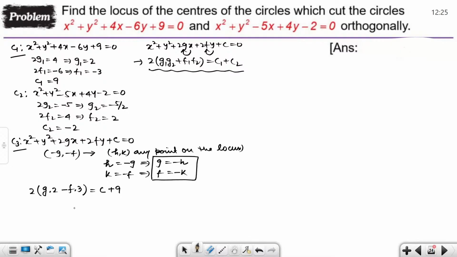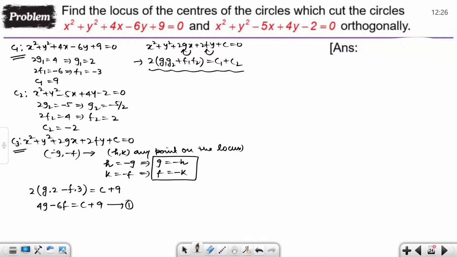Have you understood? As C1 and C3 are intersecting orthogonally, 2 times (g1 g2 plus f1 f2) equals c1 plus c2. That exactly I have used here. So we are getting basically 4g minus 6f equals c plus 9. And this is our equation 1.